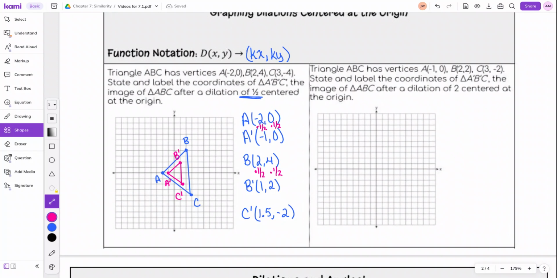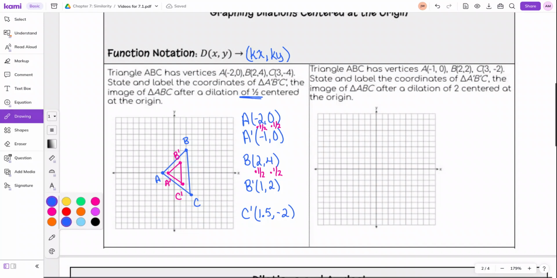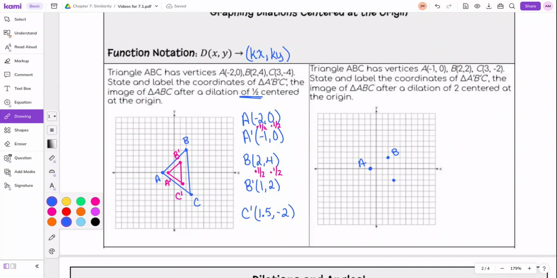The next one, over here on the right, has triangle ABC with vertices A, -1, 0, B, 2, 2, and C, 3, -2.